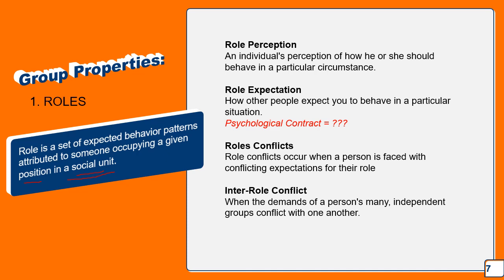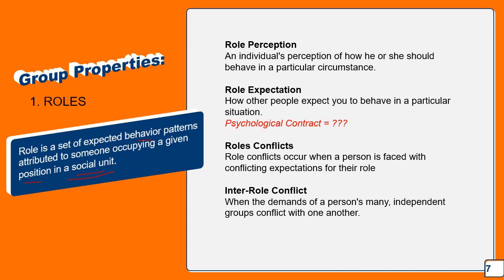Everybody will have their own position, his or her position. So with that position, each and every one will have his or her own role. So the role is the expected behavior patterns because that person has a particular position in an organization. For example, a position as a manager. So that is an expected behavior that is required to be shown by a manager.